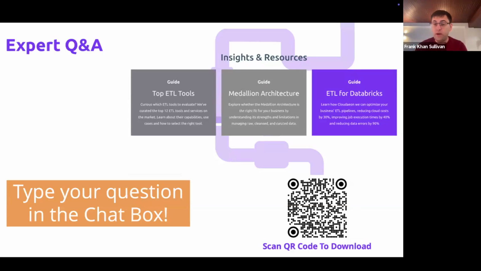It's not right for everybody, but it is a very good starting point. And then finally, understanding ETL for Databricks, how you can reduce data errors, how you can improve execution times, and really how you can optimize your costs, taking a FinOps approach to data in the same way we used to take FinOps approaches towards cloud. So scan that QR code.